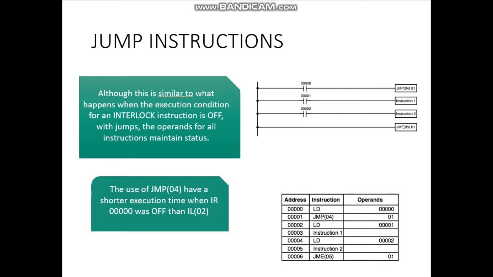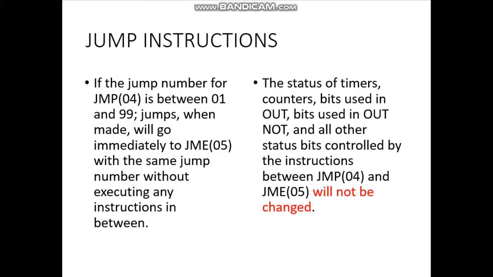If we do the jump, we just skip the instructions without touching anything on the output. The status of the timers, counters, bits used in OUT NOT, and all other status bits controlled by the instructions between JMP and JME will not be changed.